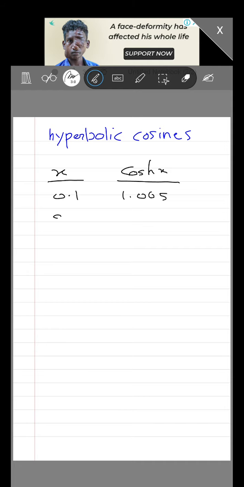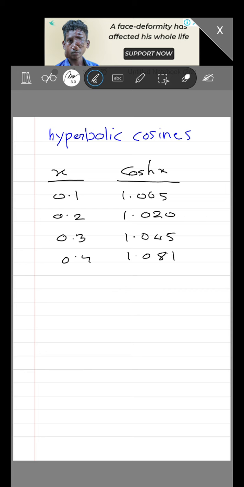Then for 0.2 we have 1.020. Then for 0.3 we have 1.045, and then for 0.4 we have 1.081.